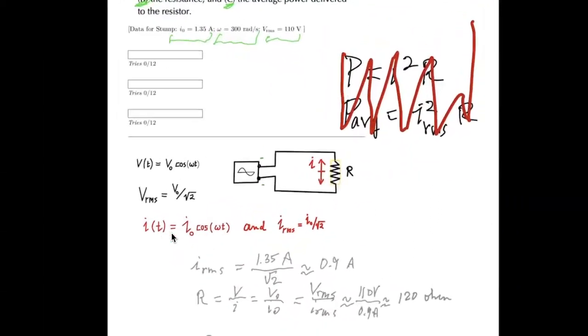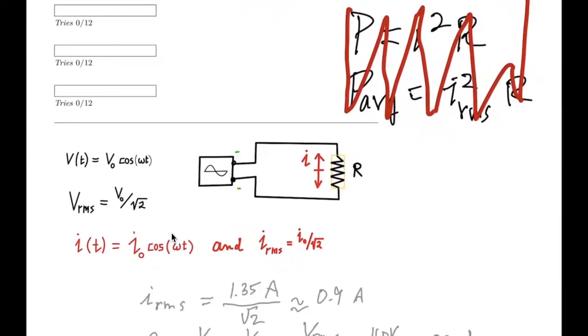All right, so as usual, we start by drawing a picture. So here's the picture. Here's the power supply, but it's an alternating power supply, an alternating voltage. So at some particular time, this terminal might be positive and this terminal would be negative. Half a cycle later, this terminal would be positive and this terminal would be negative.